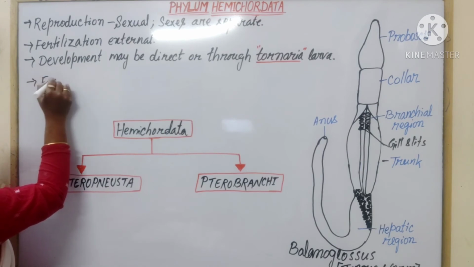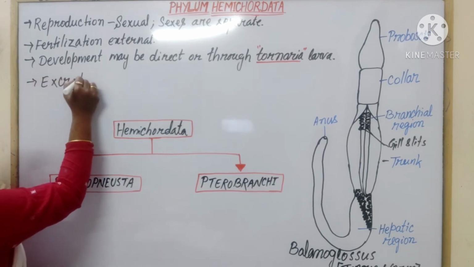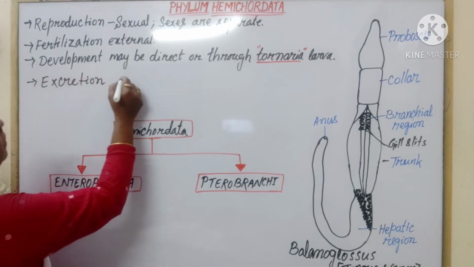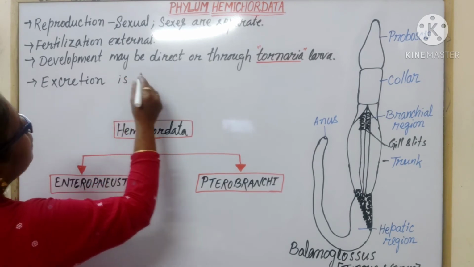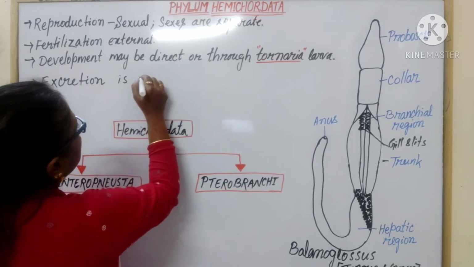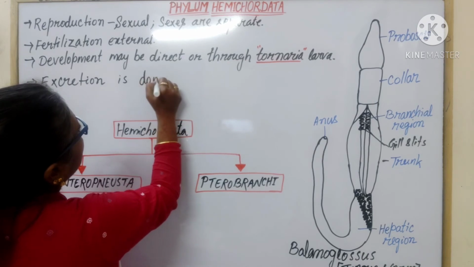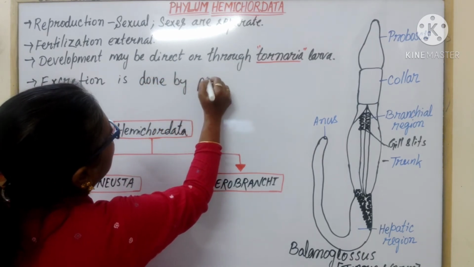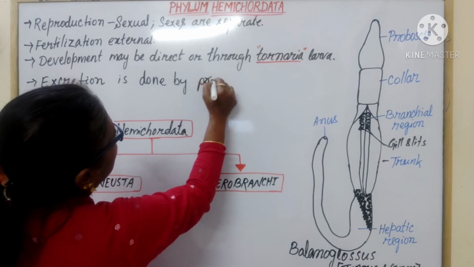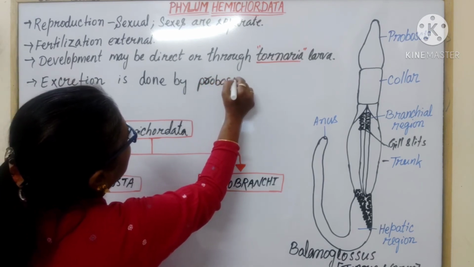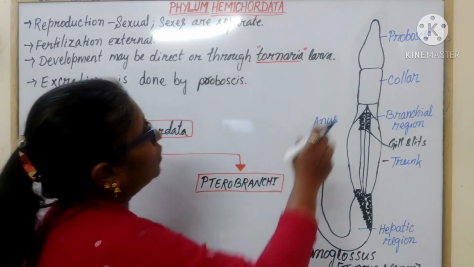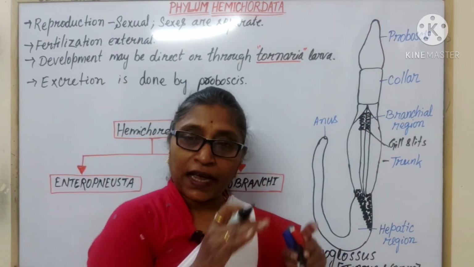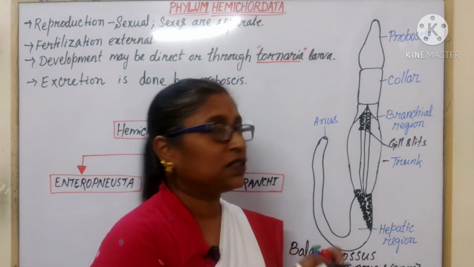Excretion is done by the proboscis gland. The proboscis is extending from the mouth region.